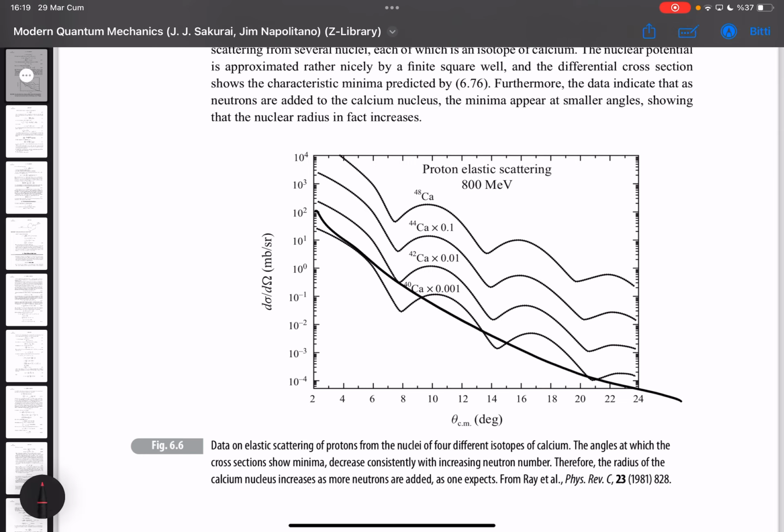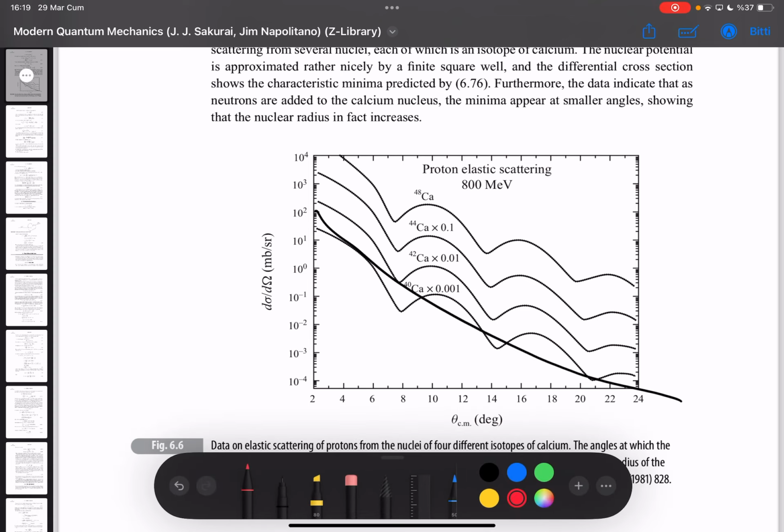So all of them are this function, some smooth cross-section, plus, well, let's say that's background probably, plus some other contribution which goes to 0 regularly.